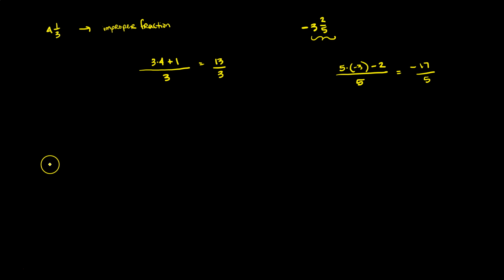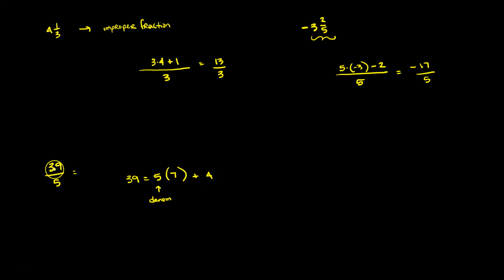What if we wanted to take an improper fraction and turn that into a mixed number? Well, if I have 39 fifths, essentially what I'm doing is finding out how many whole pieces I can make. I know that 39 can be written as 5, my denominator, times 7. 5 times 7 is 35, plus 4.